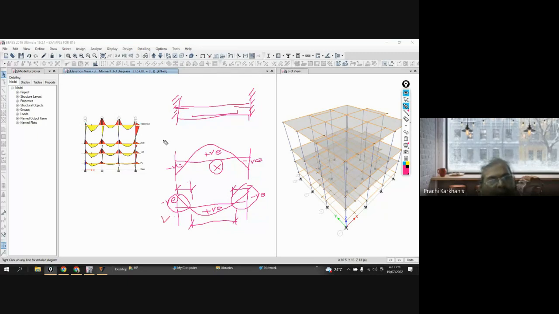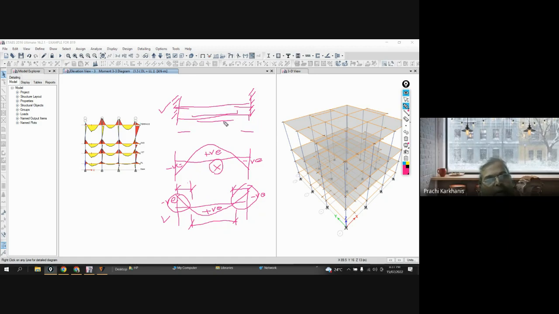So there will be more consistency in this, right? Yes, sir. If you look at the consistency of this diagram, you will provide a reinforcement over here, a reinforcement over here, and then a reinforcement over here, which will be exactly opposite.